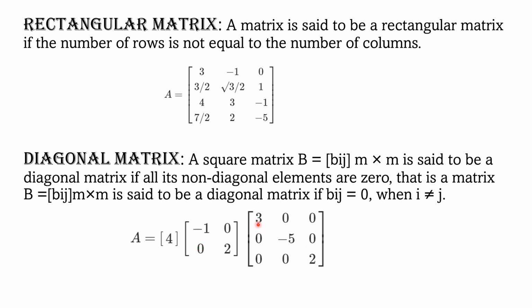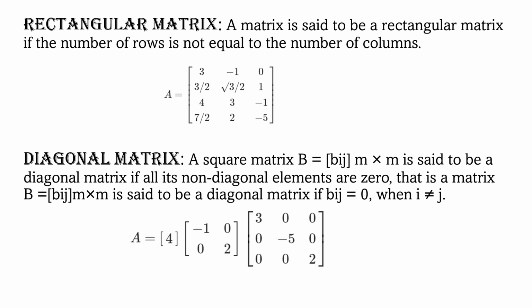In this 3 by 3 matrix, you see a diagonal here, and the diagonal consists of numbers, and other non-diagonal elements are 0. Okay, understood? A diagonal matrix is a square matrix, and a square matrix is said to be diagonal if all non-diagonal elements are 0.